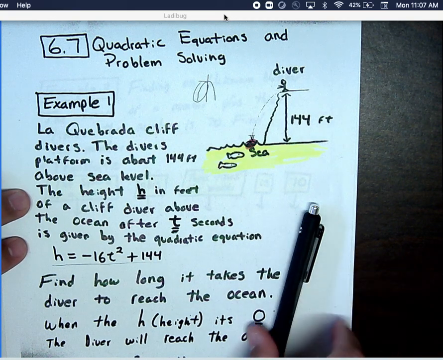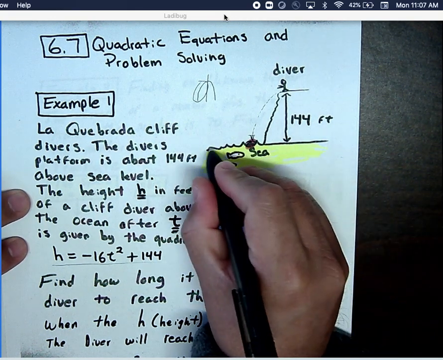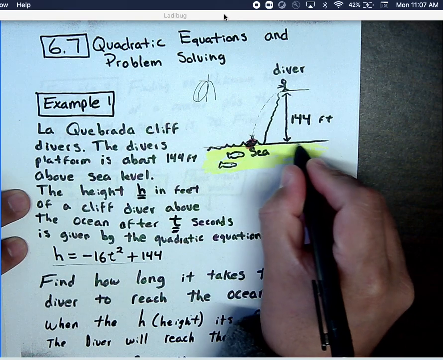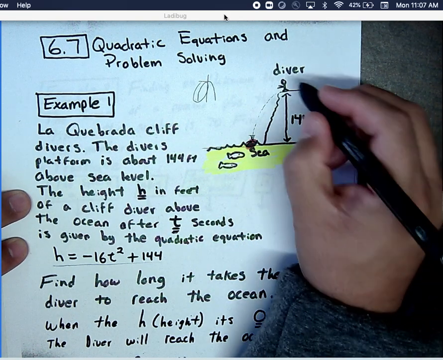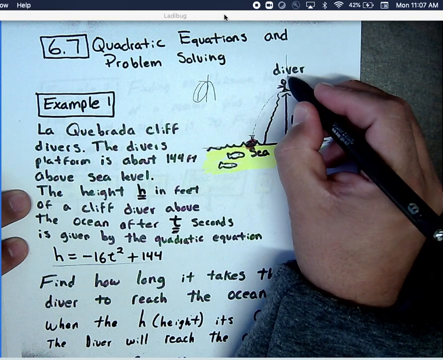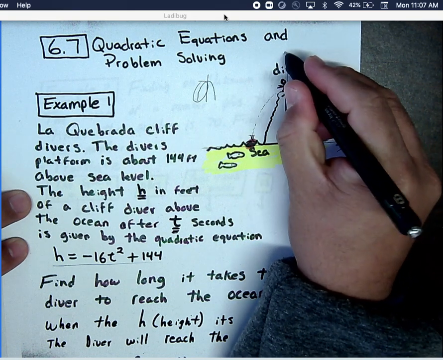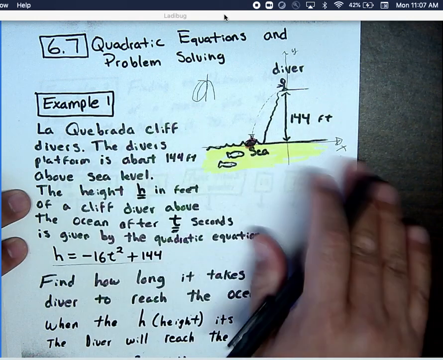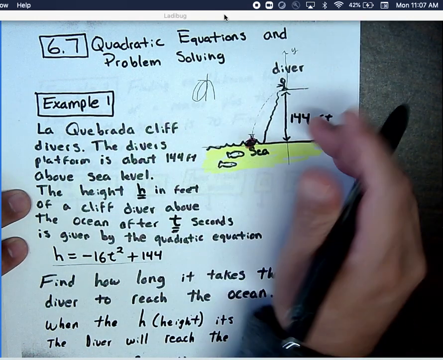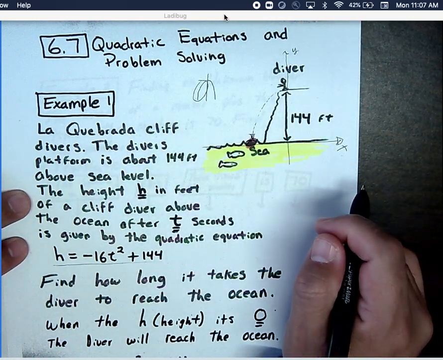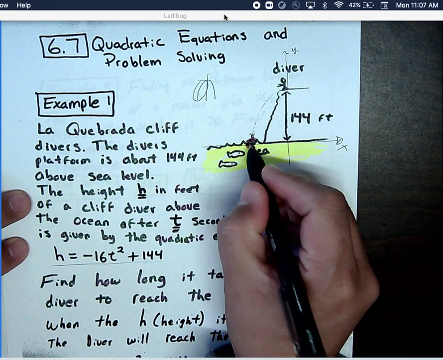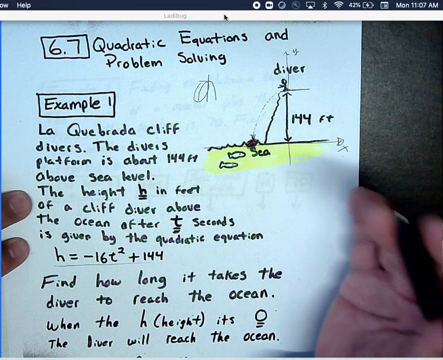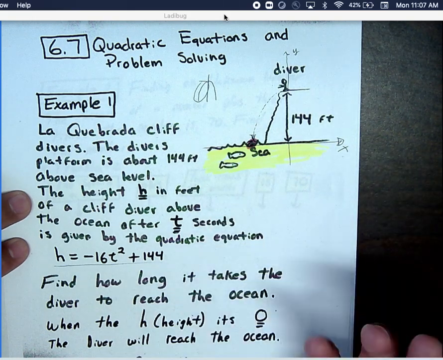And if you think about it, you can think of the ocean line as the x-axis. And if you want, we can add this line as the y-axis. So this is how you relate the coordinate plane to this. If they want to know when the diver hits the ocean, basically all they want to know is the x-intercept, or the zero, or the solution.